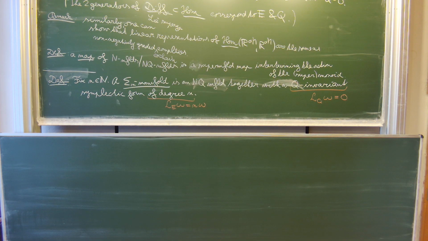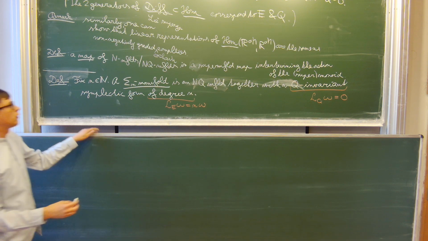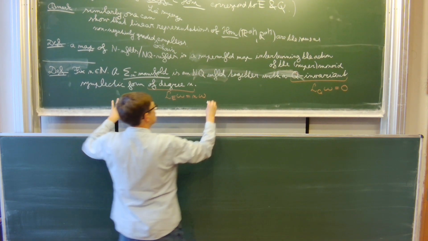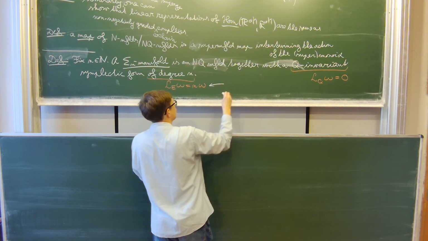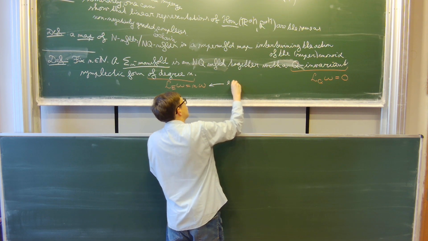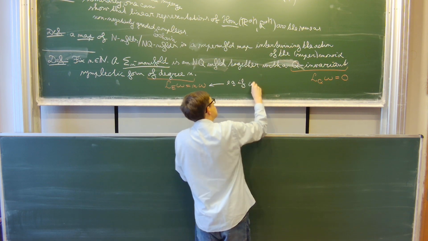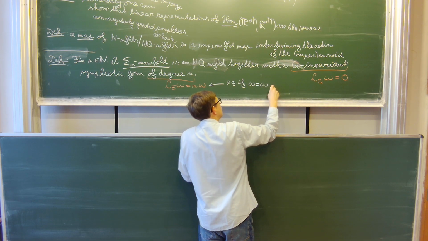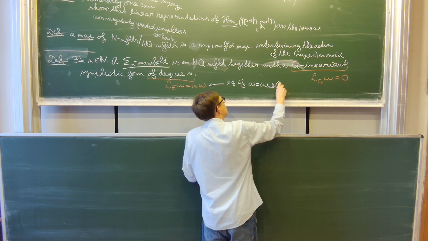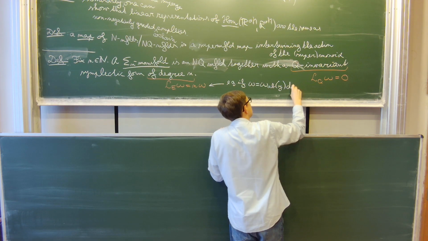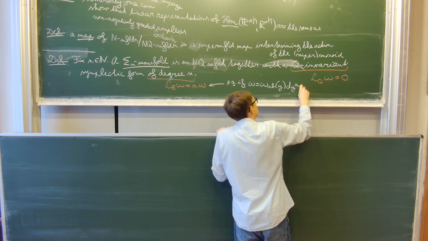Maybe let me clarify the second thing even. So how does this translate into a more concrete example? Because sometimes this is confusing. E.g., if omega would be something like this, and it will depend on some coordinates, it can be of different degrees.